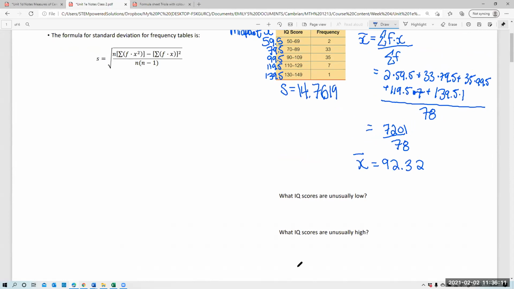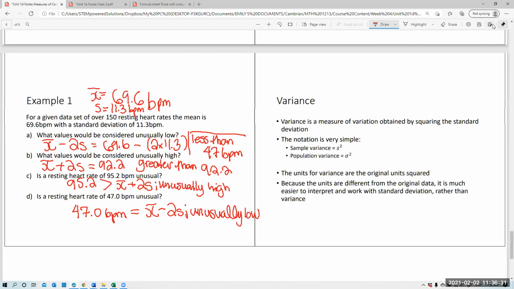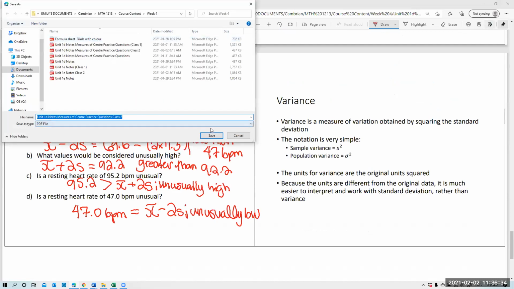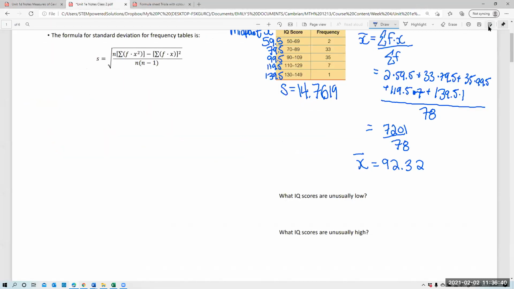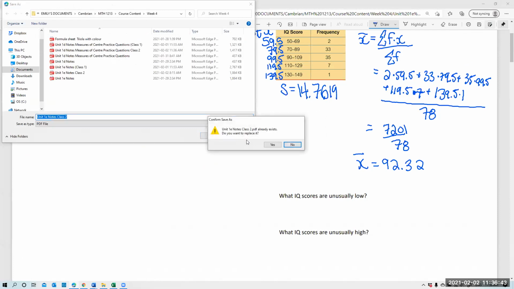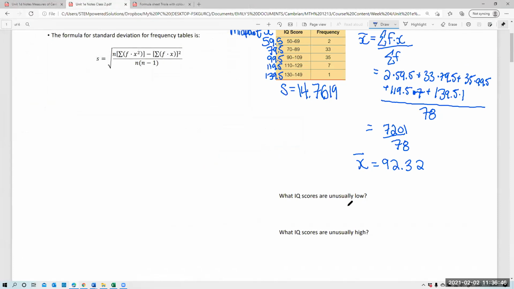I'll give you a minute to calculate that. Okay, so what IQ scores are unusually low? Type it into the chat if you know the answer.